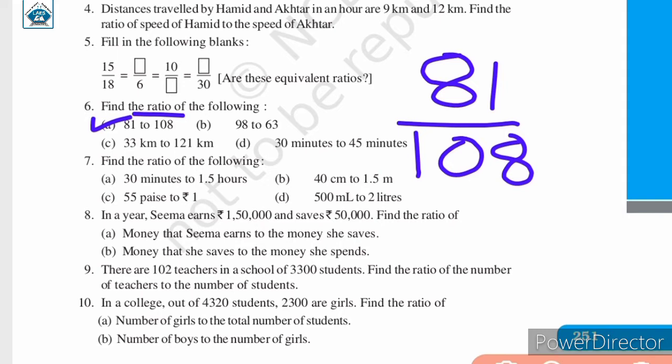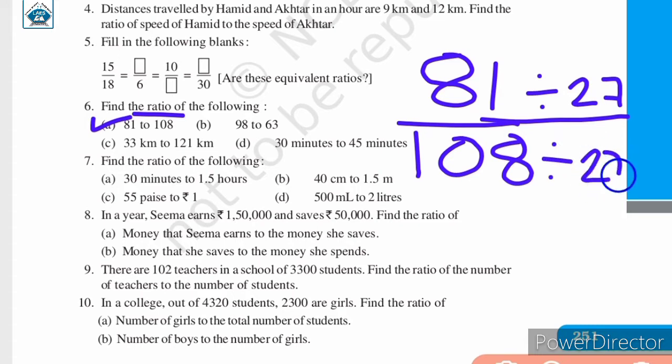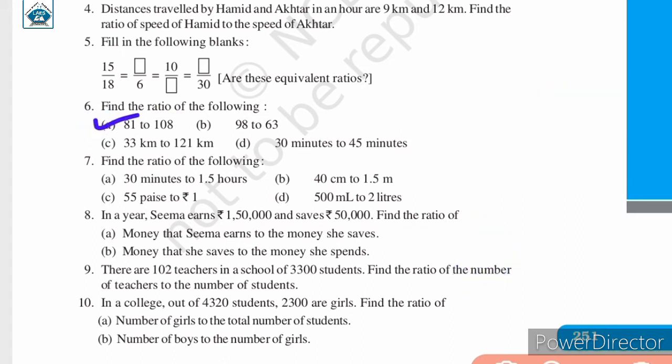So the highest common factor of the numerator and the denominator in this case is 27. So when you divide them with the highest common factor, that is 27, you get the simplest form, that is equal to 3 upon 4. Therefore, the required ratio will be 3:4.